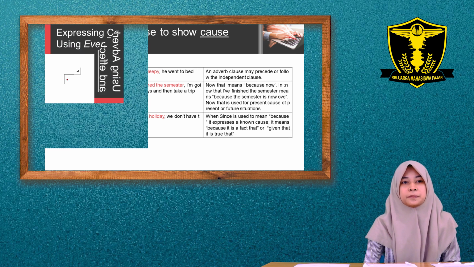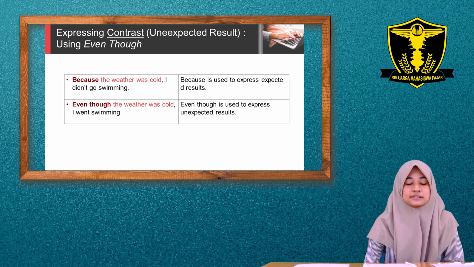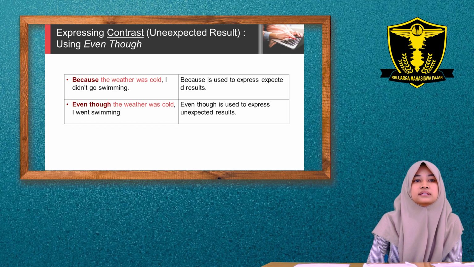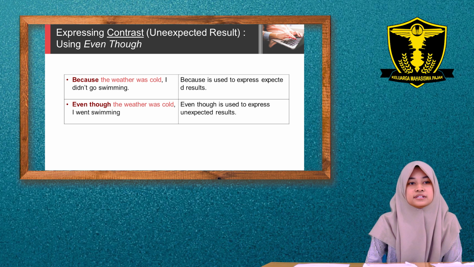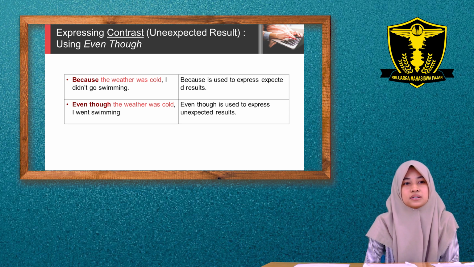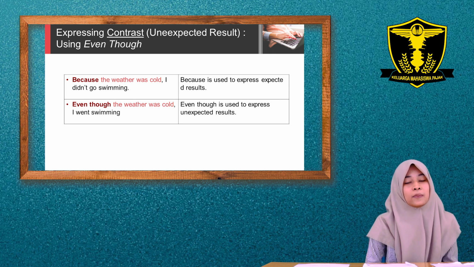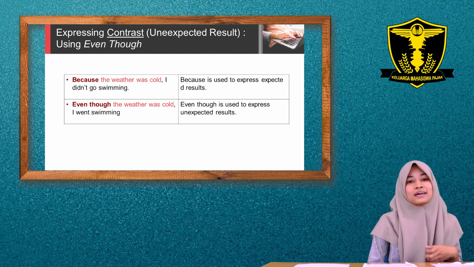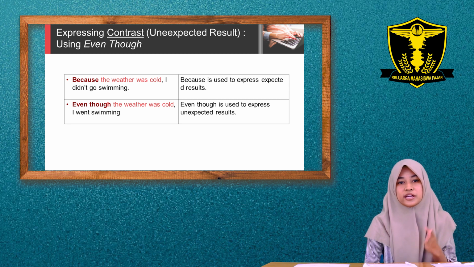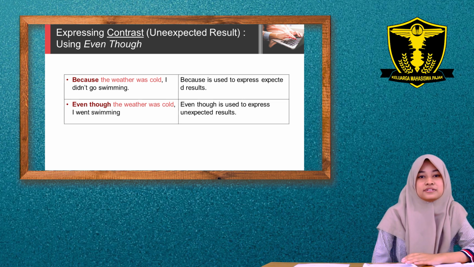And these are examples of contrast or unexpected result using even though. The first is, because the weather was cold, I didn't go swimming. Because is used to express an expected result. And the second, even though the weather was cold, I went swimming. Here, even though is used to express an unexpected result.